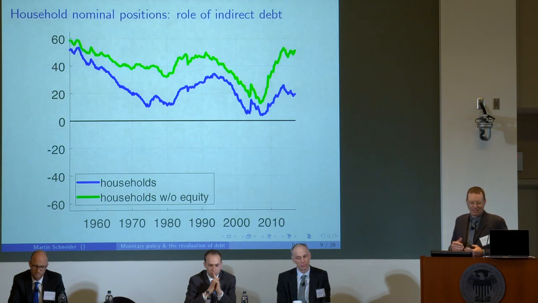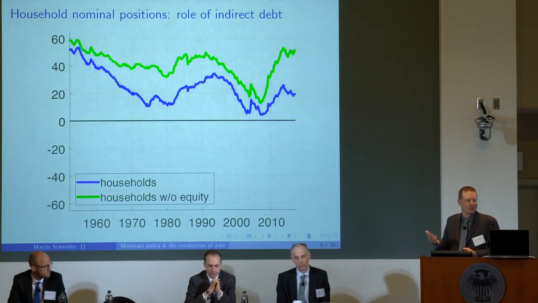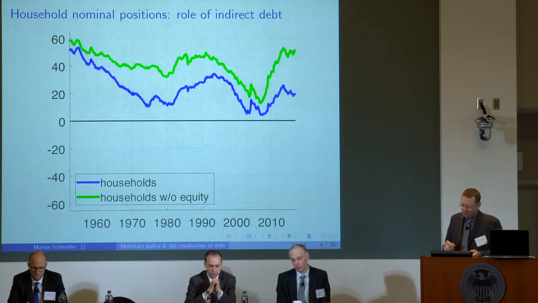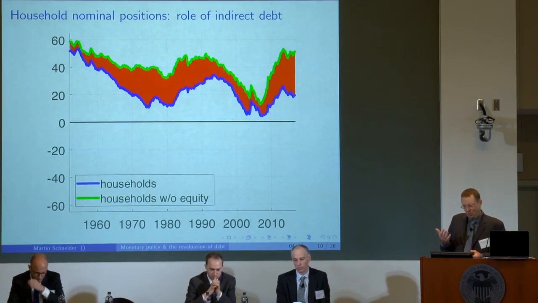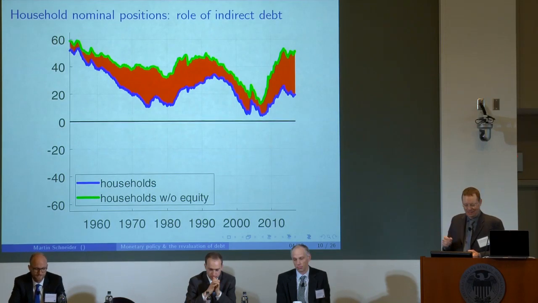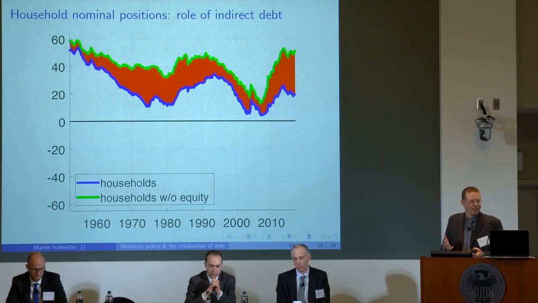And so that is higher, and it even more dramatically increases after the financial crisis, with people holding a lot of bonds directly. And that also means that the difference, this red area, is the indirect debt that shareholders owe through their ownership of equity. That is something that's sizable and that changed over time and has increased recently.